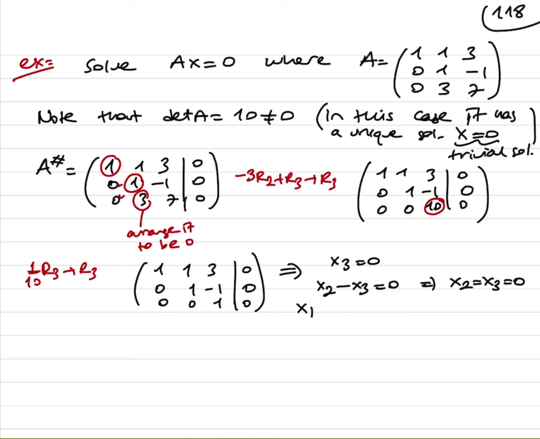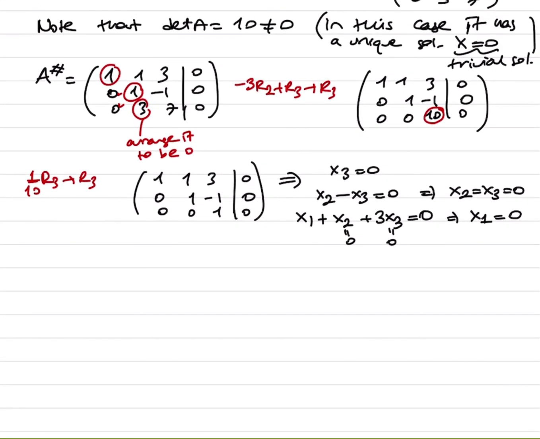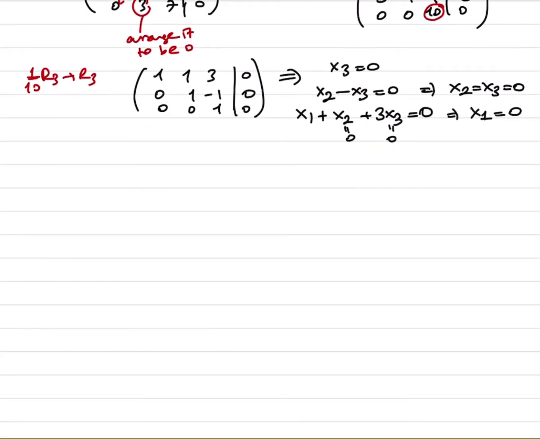And the first line says x1 plus x2 plus 3x3 is equal to 0. But we know these are already 0. So here we find x1 is equal to 0. Then what is the solution?